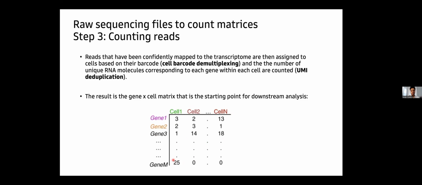The way we read this is, for cell 1, gene 1, we have 3 reads. So there are 3 copies of RNA that come from gene 1 in cell 1. It's very straightforward, and this is what we'll be working with in the lab and in your own analysis.